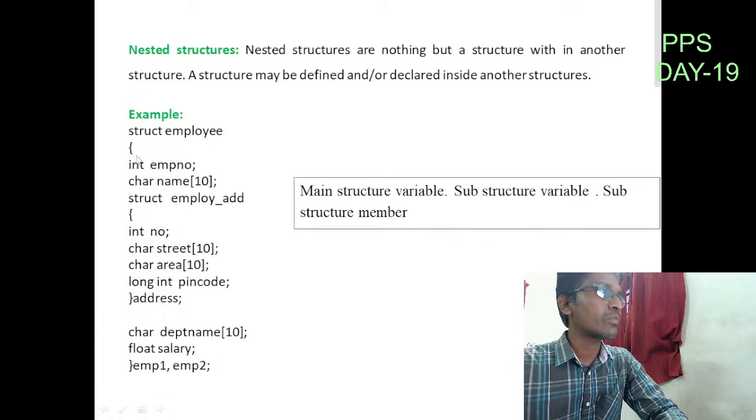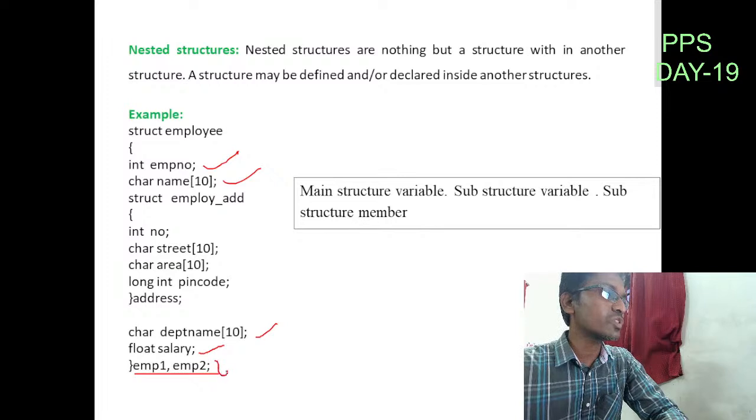Now I'm going to continue writing the main structure. The main structure contains two variables, but I'm not going to close it yet. Now I'm going to use one more variable, that is department name and salary of the employee, and after that I'm going to create two variables for the main structure, emp1 comma emp2.